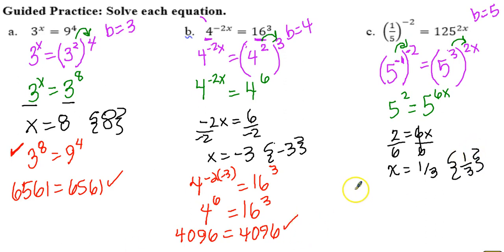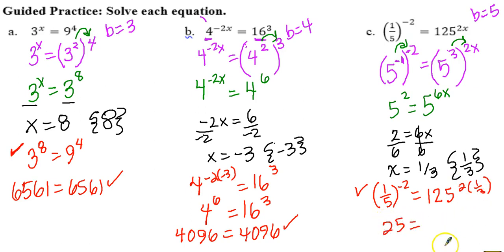Okay. Time for the check. So Nick, plug in 1/5 to the negative 2. Not that you couldn't do that in your head. You got it, 25. Now plug in 1/25 to the 2/3.